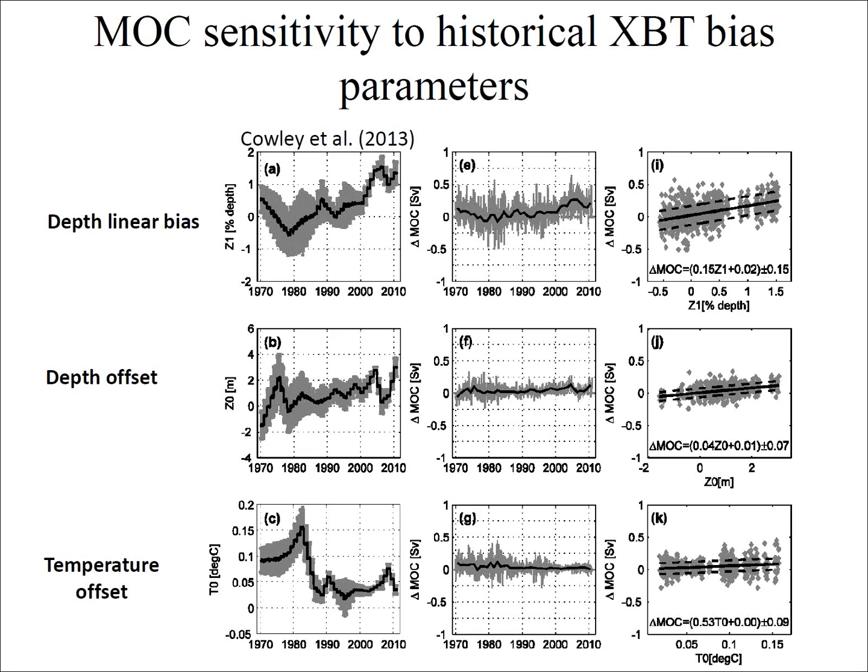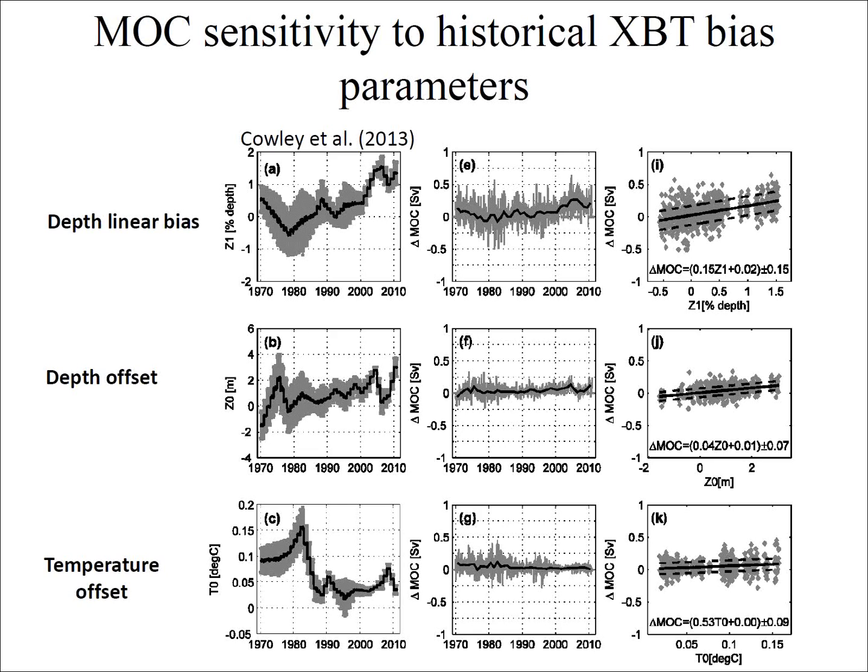And then we see that especially the depth linear bias is in a strong phase right now. These errors are estimated from XBT and CTD comparison collocators. And the depth offset seems to be more or less steady, and the temperature offset has this big drop here.